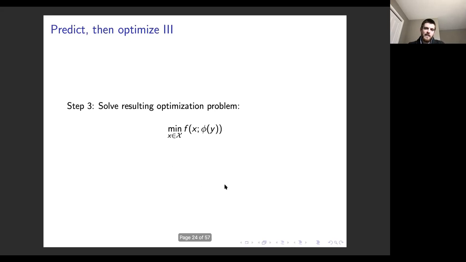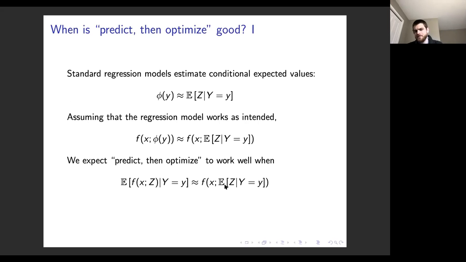Okay, so this is sort of a naive approach, as you've rightfully caught on. This is getting rid of the randomness in the problem. It's replacing a distribution by just a point. So we don't expect it to work well all the time, but when does it work well? Most of the commonly used standard regression models are trying to estimate conditional expected values. So this phi of y is approximately the expected value of your uncertain parameter given your side information.